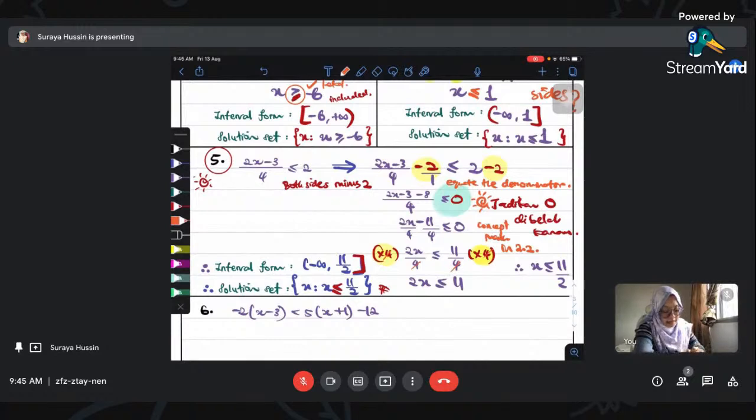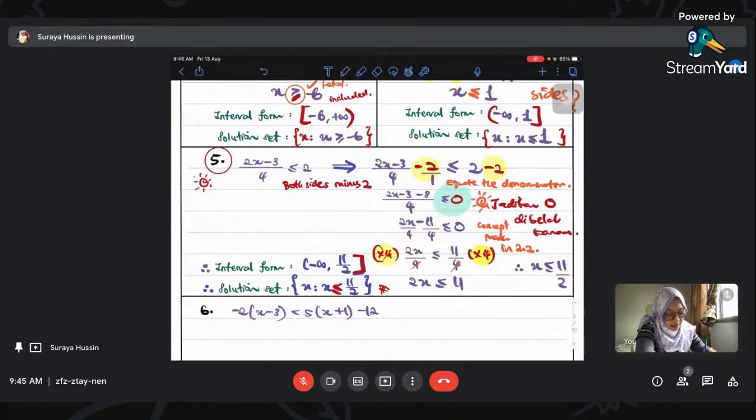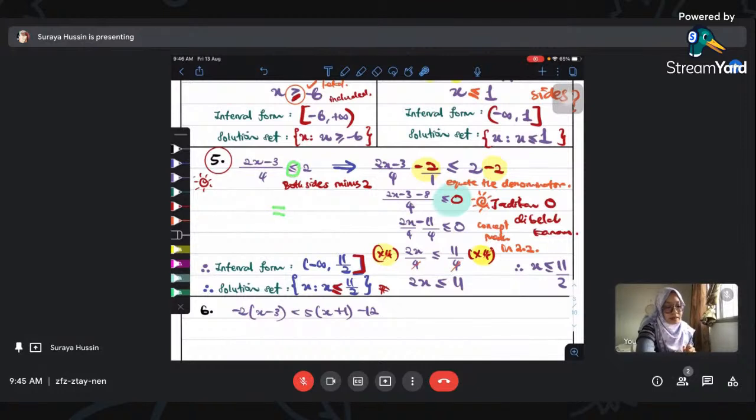So sebenarnya kamu mesti terfikir tau. Saya tak nak sebut ni tapi saya takut some of my student dia saya pernah nampak lah. Sebab tu saya bagi tahu. Some of my student dia suka cross multiply. But remember, cross multiply hanya untuk equal sahaja.